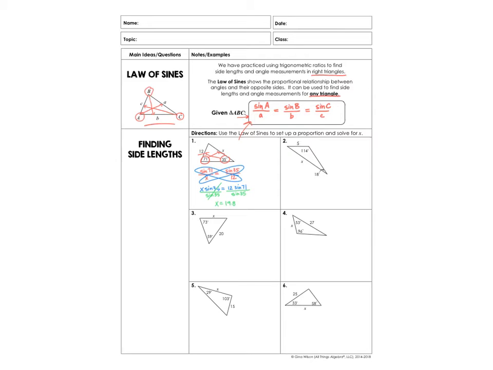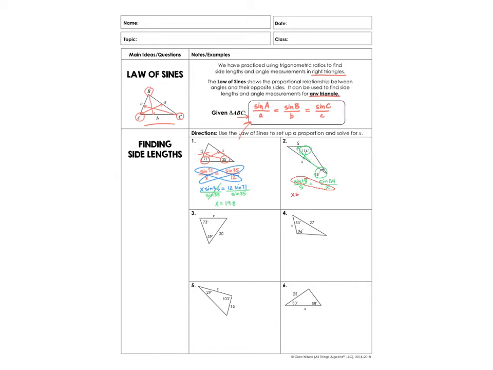Let's look at number 2. Same setup, we've got 2 angles and we're looking for a side length. So let's just start with 18. Its opposite side is 5. So we're going to say the sine of 18 over 5 equals, and then our other angle, the sine of 114, and its side length is x. Okay? Anytime you set up a proportion, you can solve it by cross multiplying.